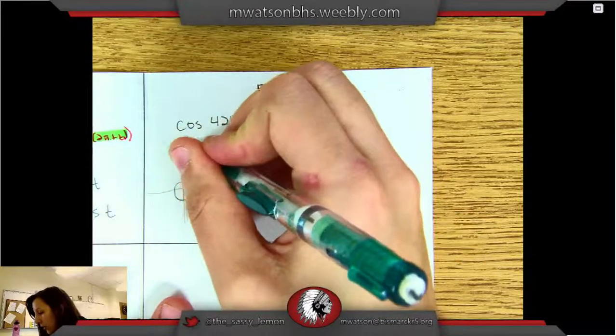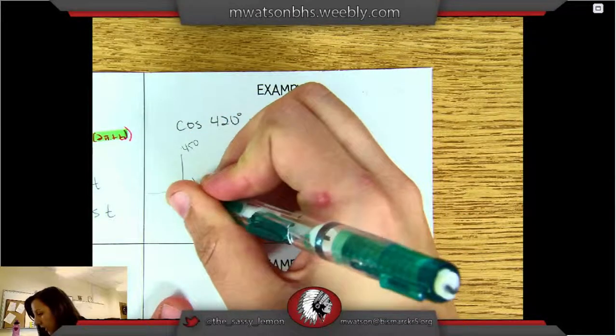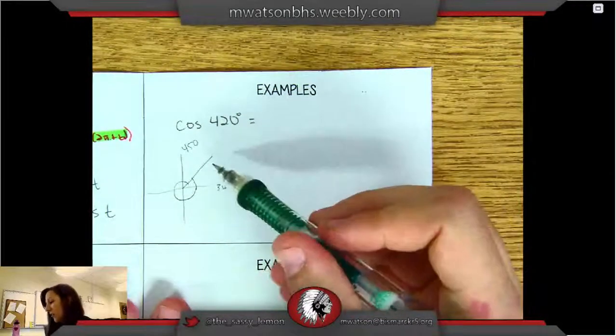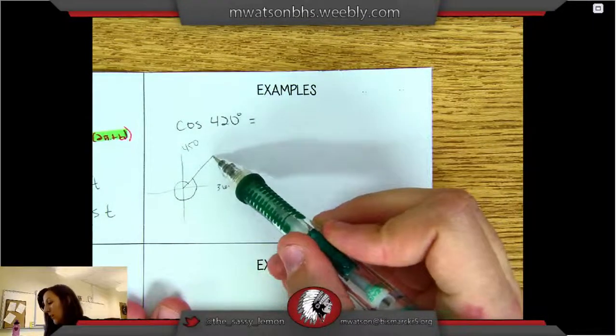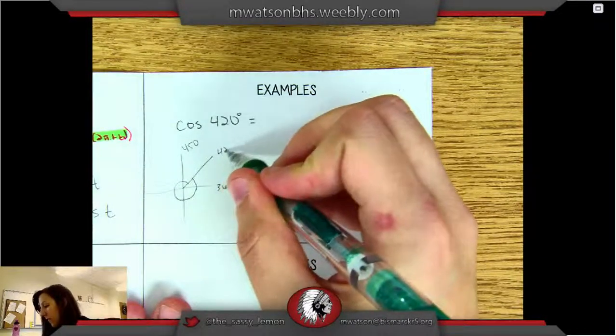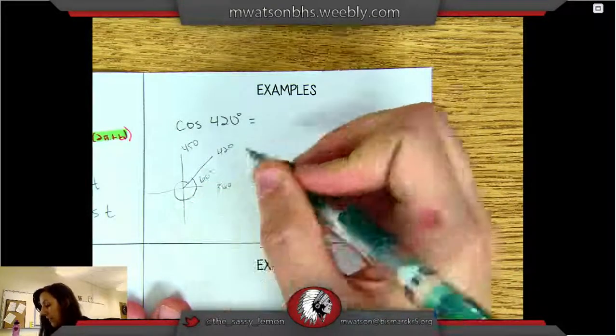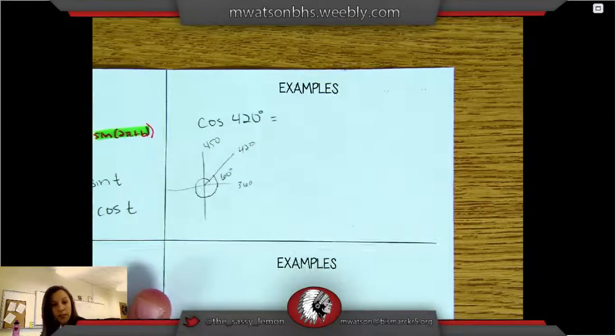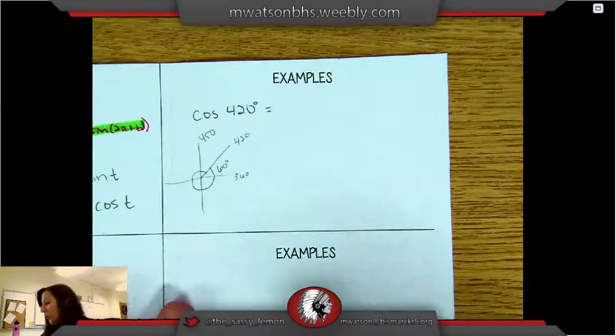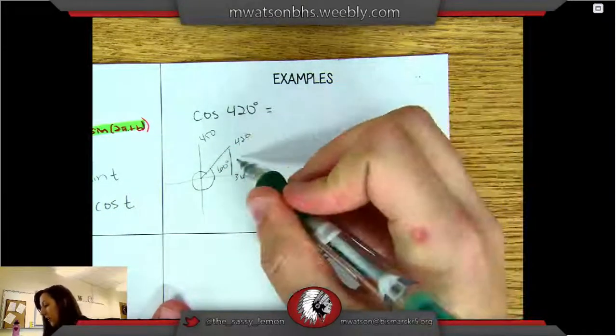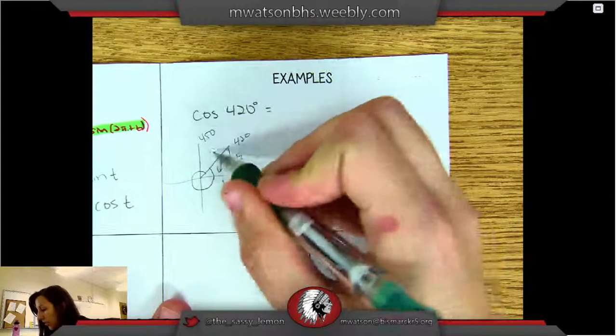This is 450, so I know I'm going to be somewhere in here. And then do 420 minus 360. Okay, I know this is 60 degrees. Doing all this little work. And then you'd use your little reference triangle and you'd be like, okay, square root of 3 over here, 1 here, 2 here.